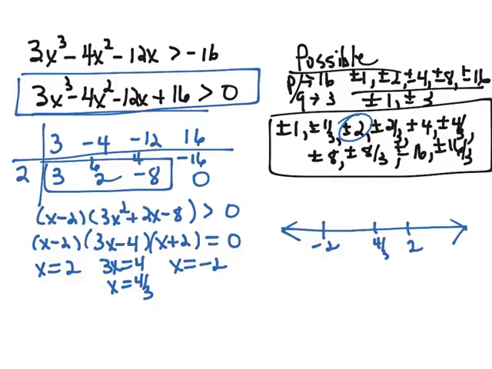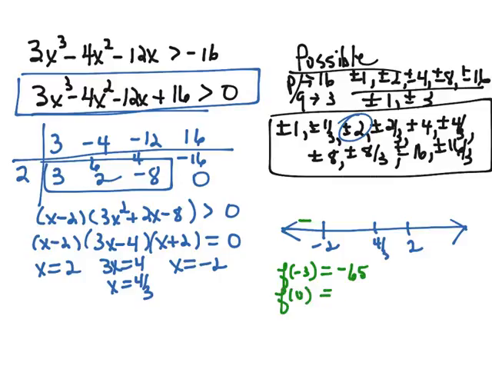So if we choose a number that's smaller than -2, say -3, plug that back into our equation. 3 times -3 cubed minus 4 times -3 squared minus 12 times -3 plus 16. We get -65, which is negative. If we choose a number between -2 and 4/3, an easy one to choose would be 0.